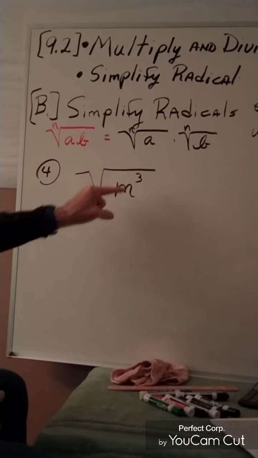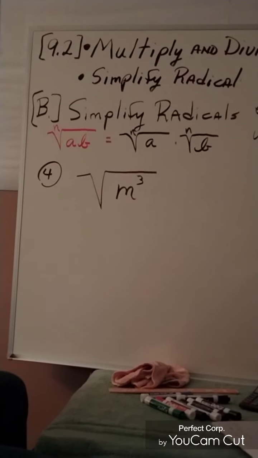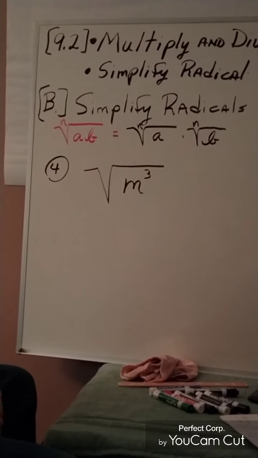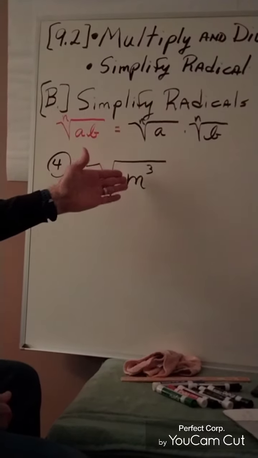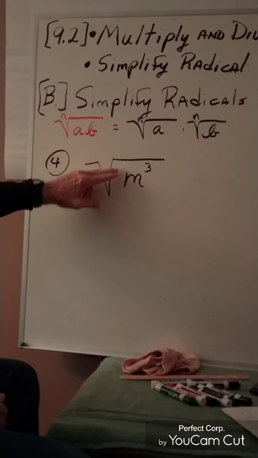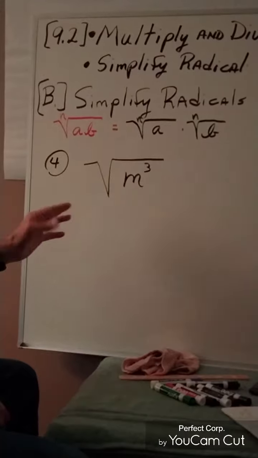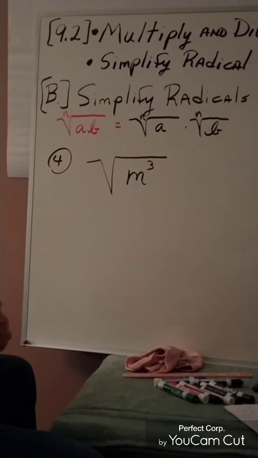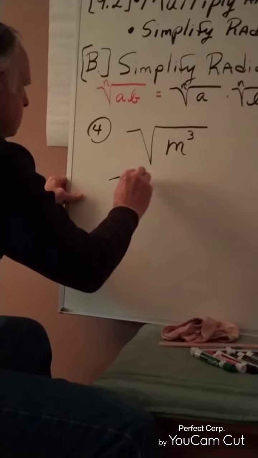So how do we treat something like m to the third? Well, one saving grace that we won't have to worry about, we will not have to worry about prime factorization for this one, because the coefficient of m to the third is 1, and prime factorization is not needed. Here's our rule. Let's bring down 2 radicals.